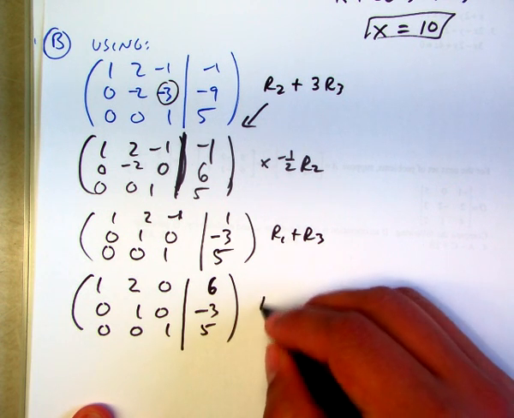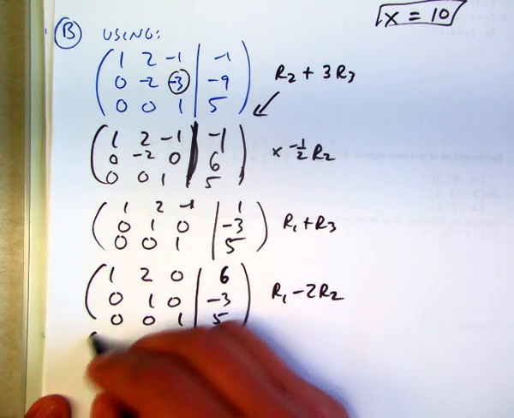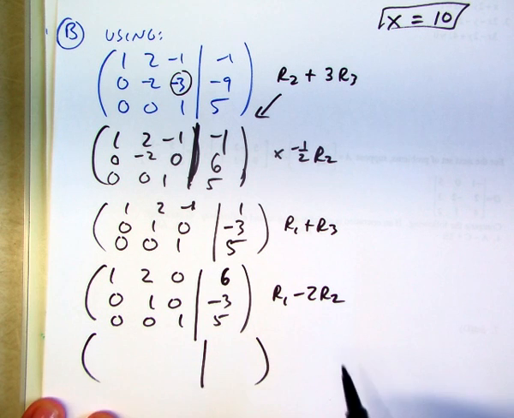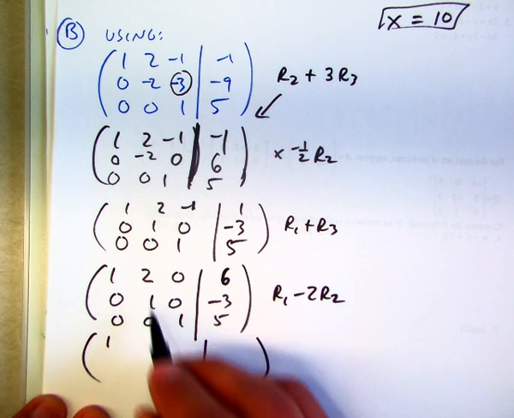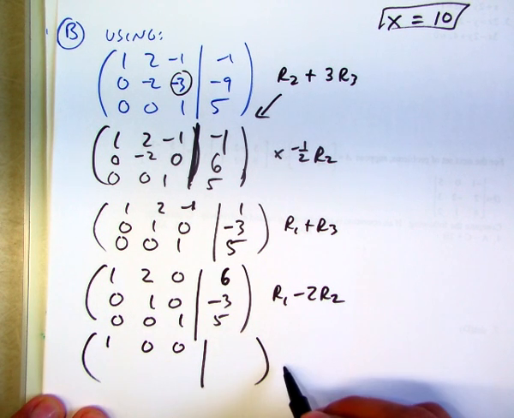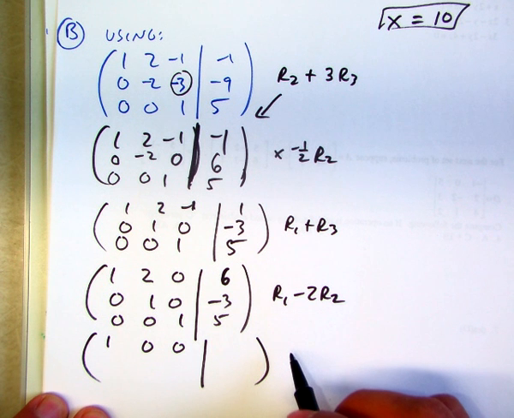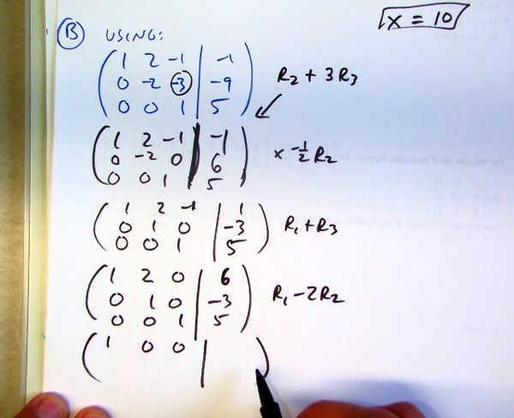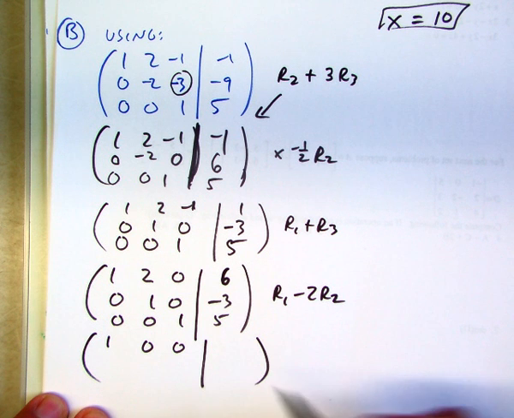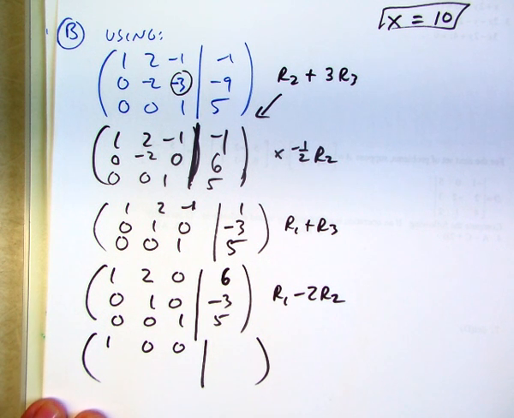So, row 1, subtract 2R2. Now we get 1, 2 minus 2 is 0, 6 minus... yeah, something doesn't seem right. Where did I lose it?